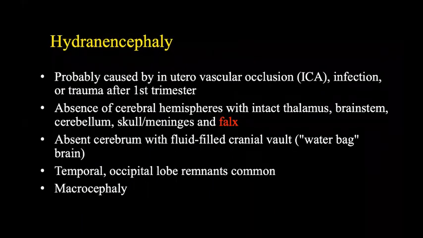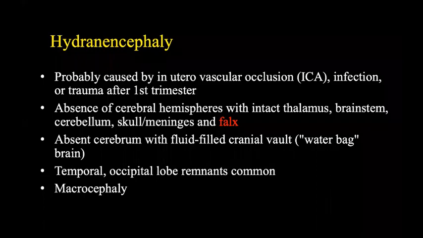And this is all in comparison to hydranencephaly. In hydranencephaly, it's an injury happening in utero that affects the distribution of the ICA, internal carotid artery. So it's either vascular occlusion, infection, or trauma during the first trimester, which will result in absence of the cerebral hemispheres.